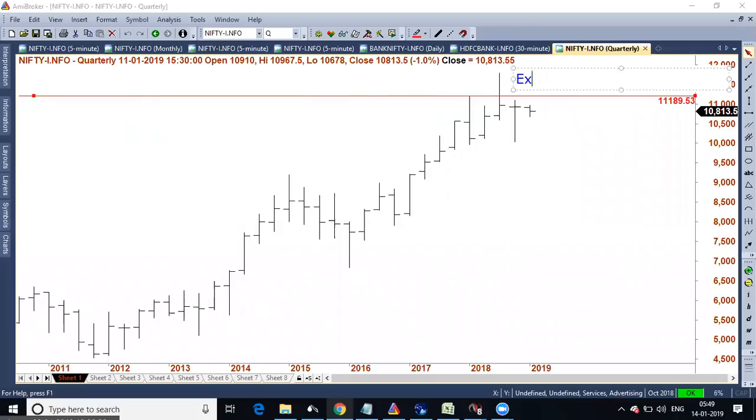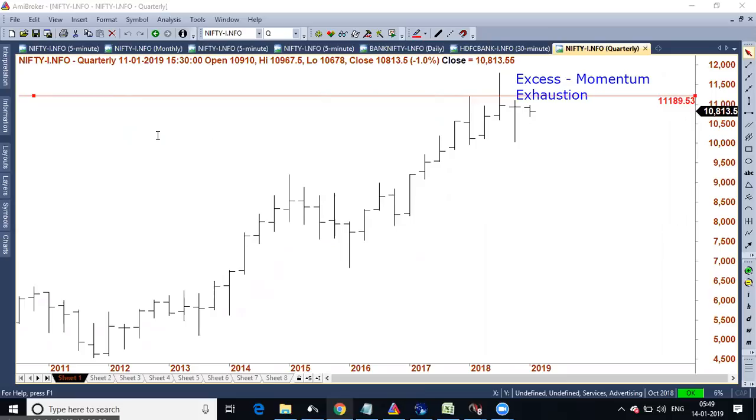So excess is one form of momentum exhaustion. Excess is an indication of momentum exhaustion. It's a kind of momentum exhaustion which is going on over there, which could signal a possible end of the current uptrend.